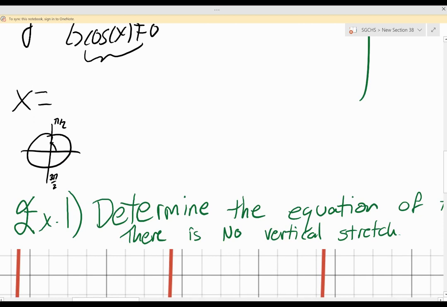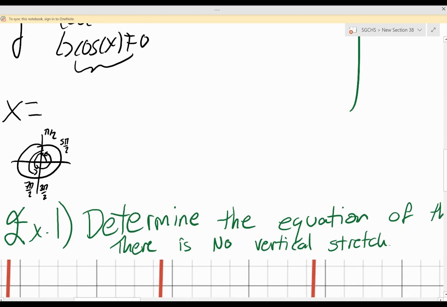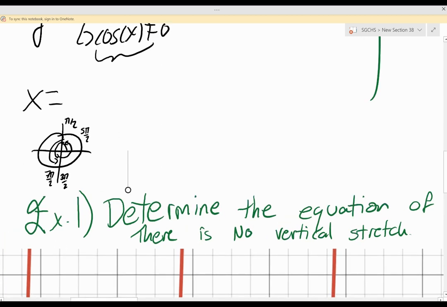So pi over 2, 3 pi over 2, then 5 pi over 2, then 7 pi over 2, so on and so forth. So x cannot equal pi over 2 plus n pi, where n is any integer, because you're repeating every 180 degrees from pi over 2.